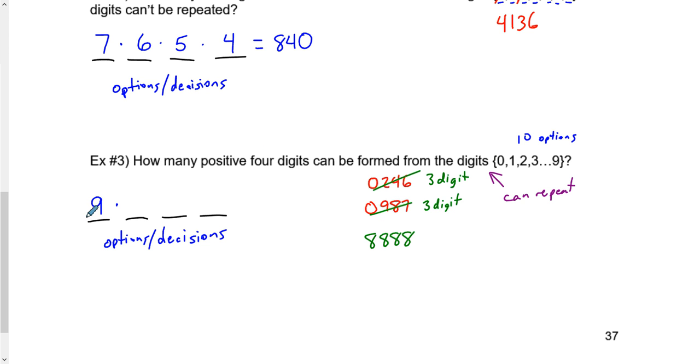So as soon as we get over that hurdle of the thousands place, we would have 10 options left for the hundreds place. Because if we chose the number 7 as our thousands, we could use the number 0 for our hundreds, the number 0 for our tens, and the number 1 for our ones.